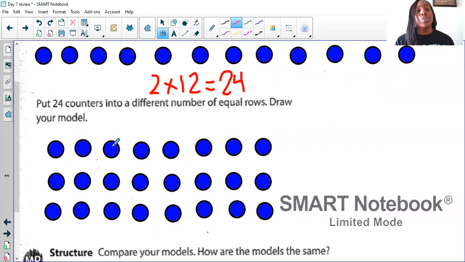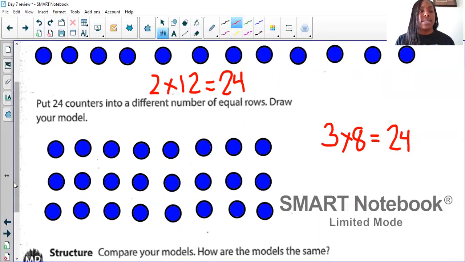We've got 1, 2, 3, 4, 5, 6, 7, 8. So what should that equation look like? 3 times 8. And what does 3 times 8 equal? 24. That's right. 3 times 8 equals 24.